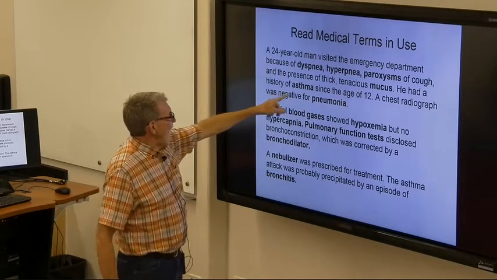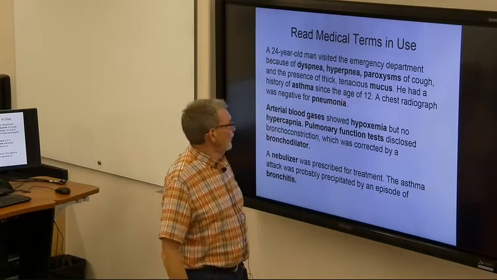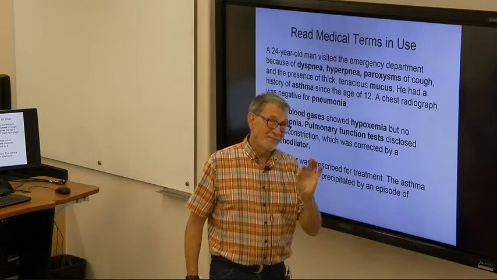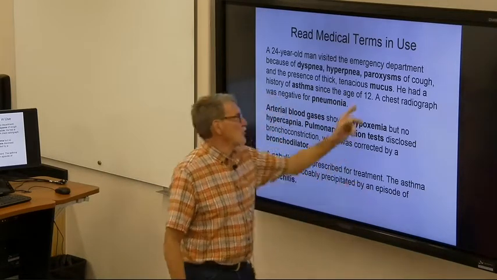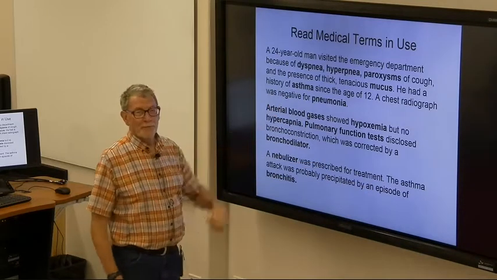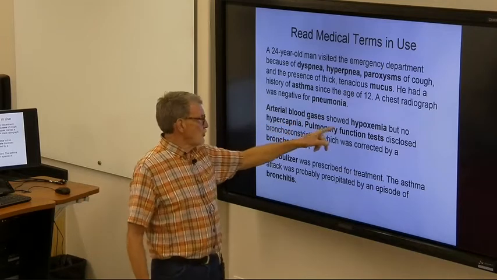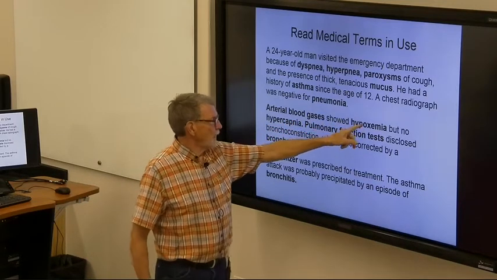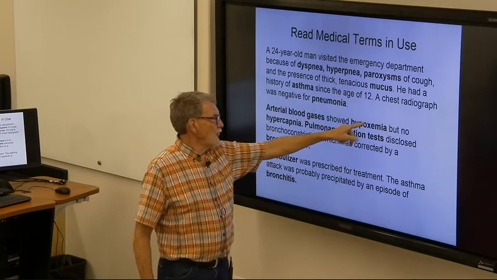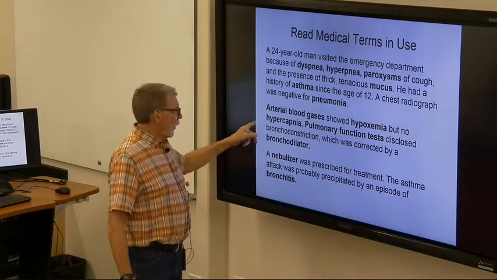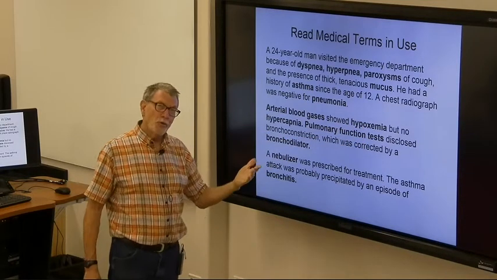Had a history of asthma since the age of 12. A chest radiograph, not an X-ray, but a chest radiograph was negative for pneumonia. Arterial blood gases showed hypoxemia, not enough oxygen in the blood, but no hypercapnia. His CO2 wasn't elevated.